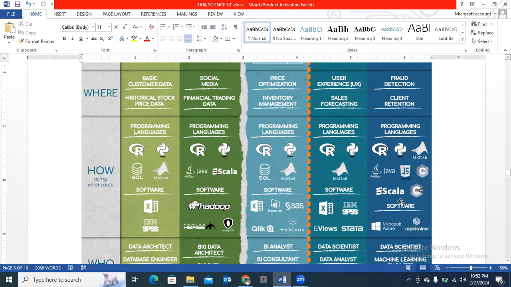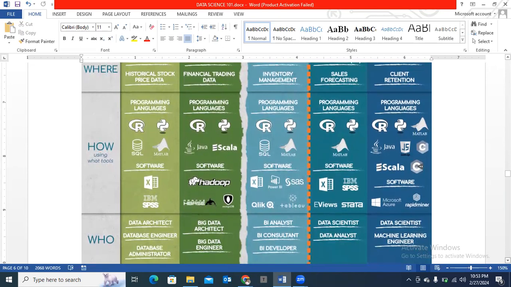If you look at all the software, you make use of SQL also in those places where you can use Excel. For big data, SQL might not be very effective because SQL works on structured data. SQL is Structured Query Language, so it cannot operate on data like big data that is not structured.